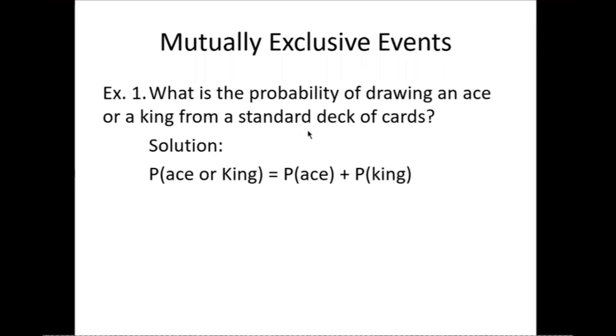Dahil yung dalawang cards ay mutually exclusive, so wala ka naman makikita na card na ace, siya pa rin ang king. So, magkaiba ng baraha yung dalawa. So, therefore, the probability of ace is 4 out of 52. Then, ang probability din ng king ay 4 out of 52. And 4 out of 52 is the same as 1 out of 13.